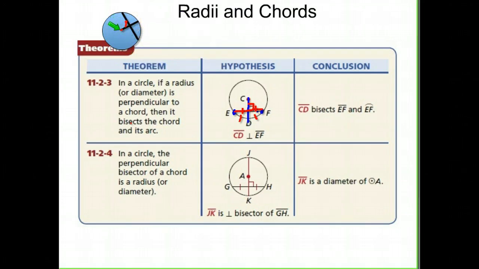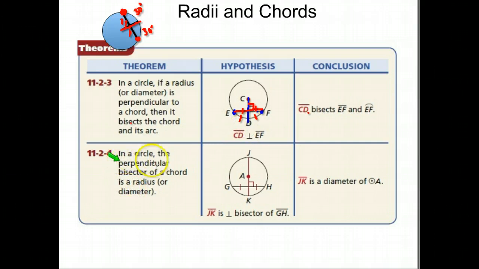Then I know that the radius bisects the chord, cuts it in half, and it cuts this arc in half. So if this part of the arc is 30 degrees, this part of the arc would also be 30 degrees. If this line segment is length 1, this line segment would also be length 1. So that's the theorem, and that's what happens.